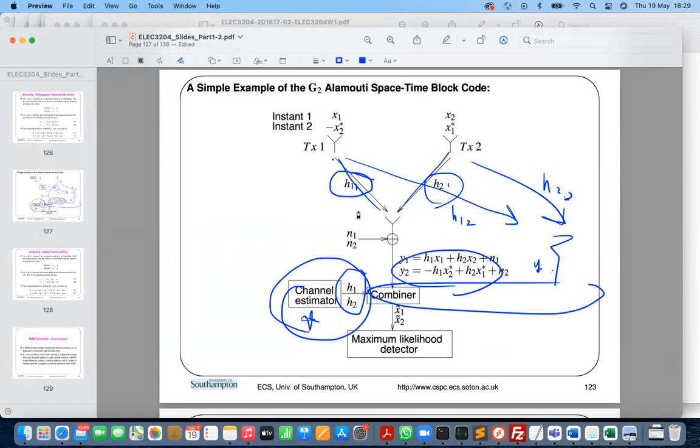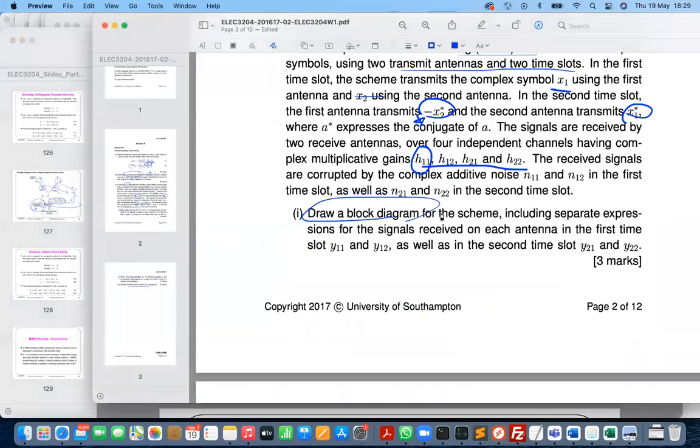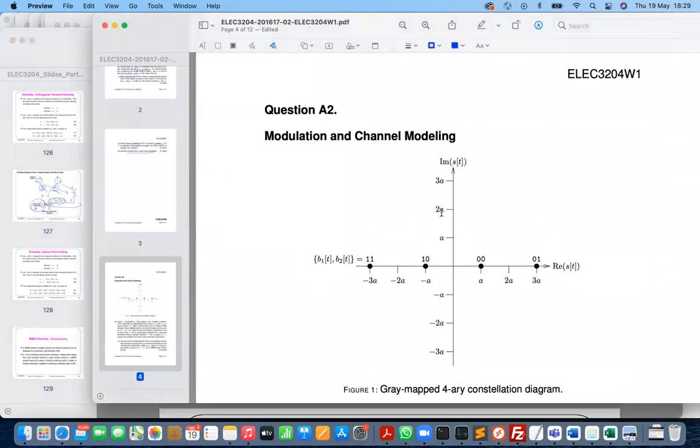So in order to make sure that the 2 fading channels are as different as possible, the 2 antennas should be placed sufficiently far apart so that H1 and H2 will not be the same. So that's a hidden assumption that I didn't mention before. Okay, so that's the first question of the exam paper.